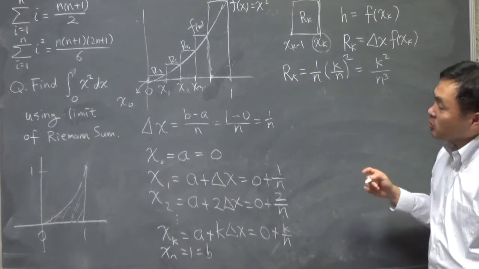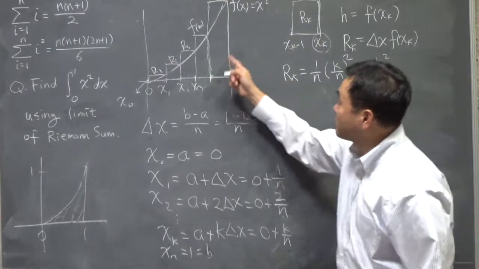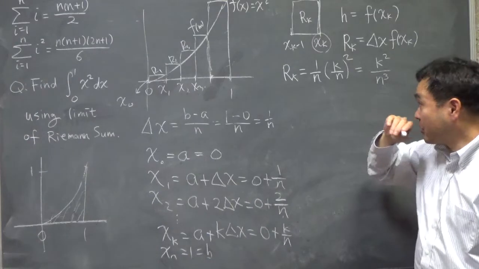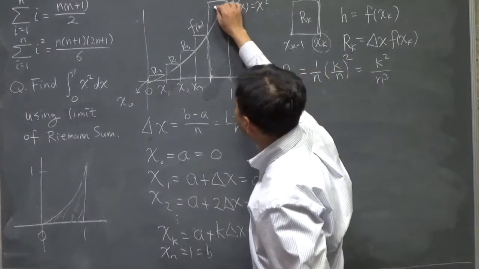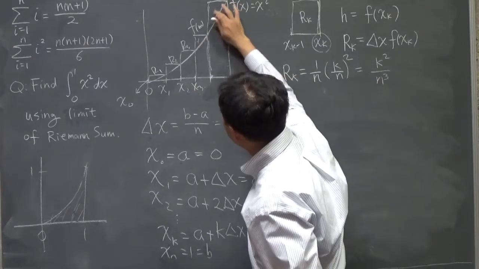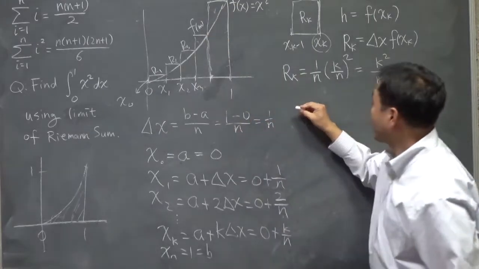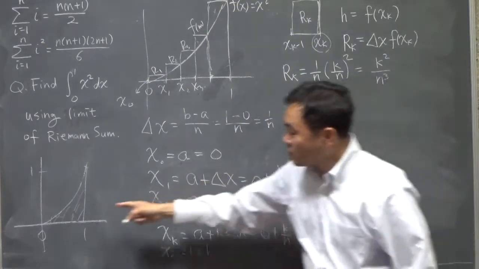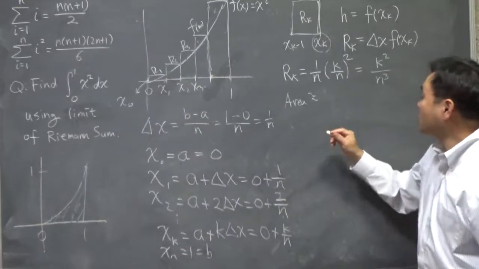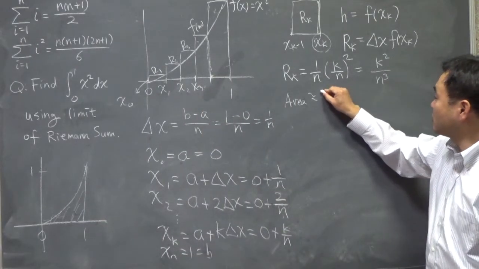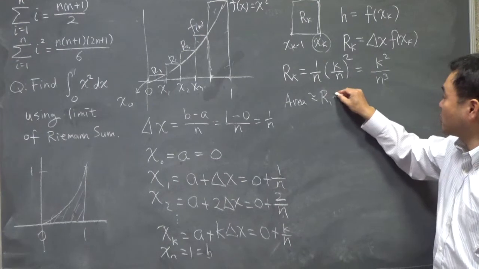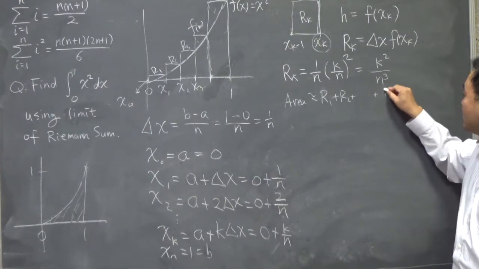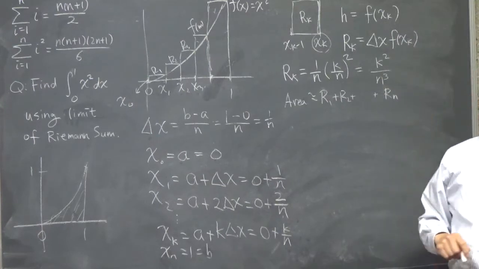Now, what do we do? Well, we add up these rectangle areas, and that will be our approximate area. It will be slightly overestimating because we have extra parts here, right? So the area that we want, which is this area right here, will be approximately the sum of these areas, R1 plus R2 plus so on and so on, all the way up to Rn.